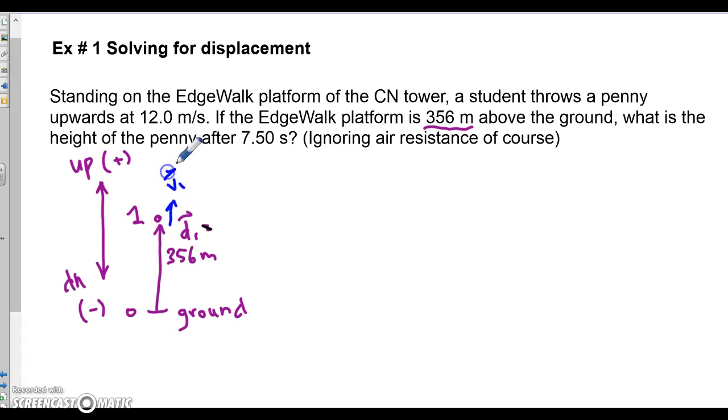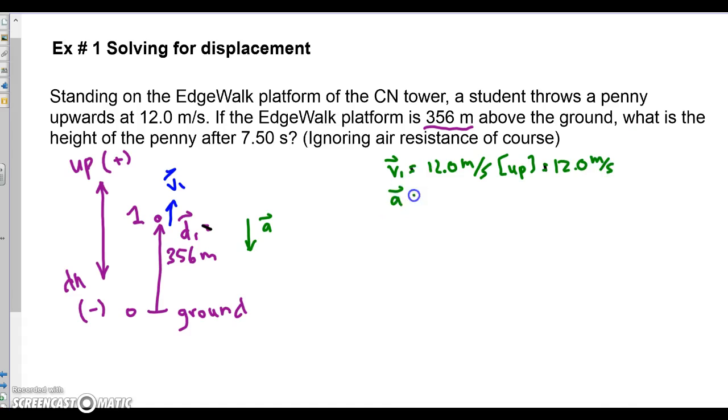We're also told that at position 1, the initial velocity of the penny is upward. So that's v1, our initial velocity. The other piece of information that we know, even though we're not directly given it, is acceleration due to gravity, and that's down. So we can start defining what we're given. We're told v1 is 12 meters per second up. We define up as positive, so that's positive 12 meters per second.